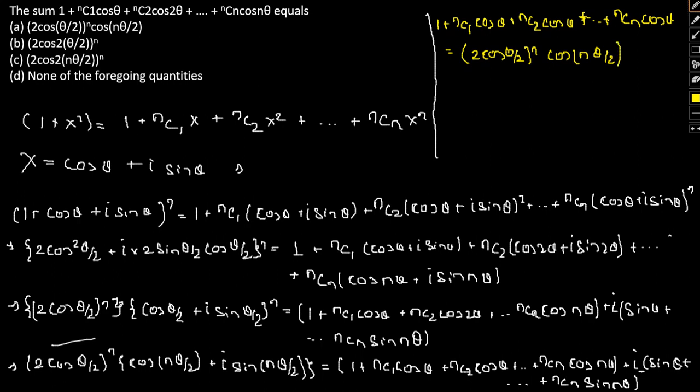Okay, so we simply use this particular part. So if we go through the options, 2 cos theta by 2 to the power n, cos n theta by 2, so option A is our answer.